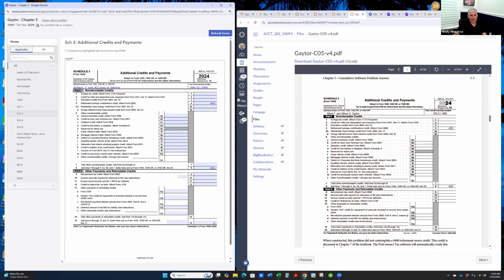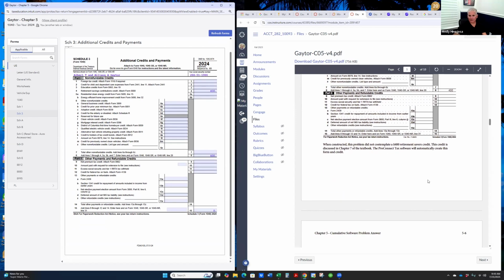The good news when we're using software today is we don't have to worry too much about that, because once we entered the traditional IRA contributions, the system automatically computed that they were eligible for a $400 credit. We'll take a look at Form 8880 in just a bit. Okay, so everything looks good here.